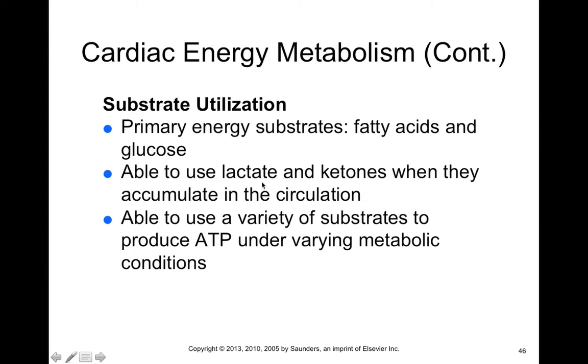So it's interesting that during extreme or intense exercise, when you're generating a lot of lactic acid, your heart can actually use lactate to make ATP. Or if you have extremely low blood glucose levels and you're making a lot of ketones to supply different metabolic processes in your body, these ketones can also be used by your heart for ATP production.